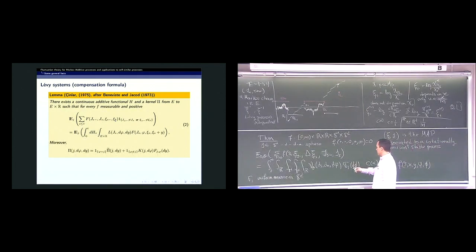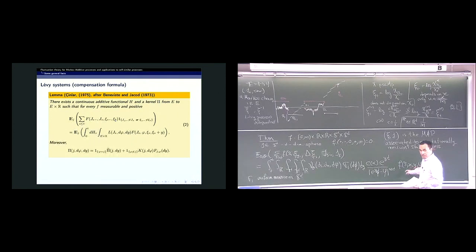Since we saw in the integral, dy is missing. Where is the one missing? You're right. It's in here, for the jump. The dy is a Lévy measure.